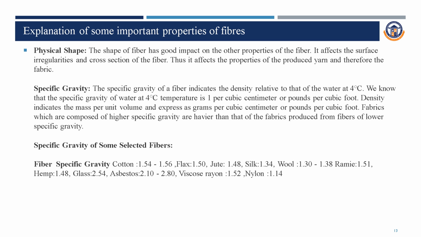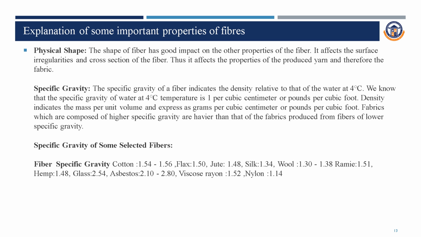Next, specific gravity. Specific gravity of fiber indicates the density of the fiber relative to that of water at 4 degrees centigrade. We know that the density of water at 4 degrees is 1 gram per cubic centimeter or pounds per cubic unit. Density indicates the mass per unit volume and is expressed in gram per cubic centimeter.